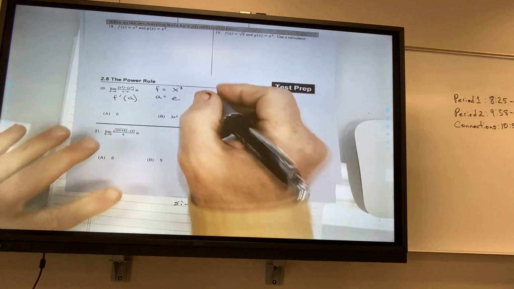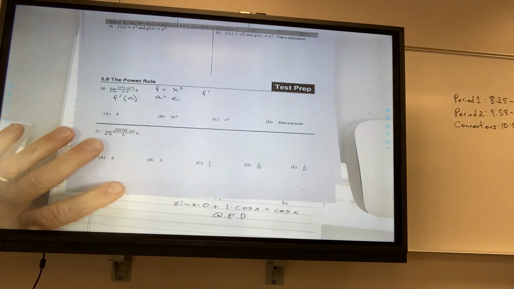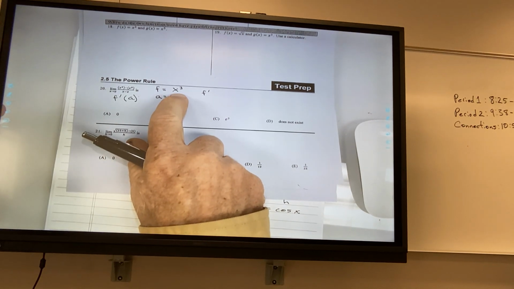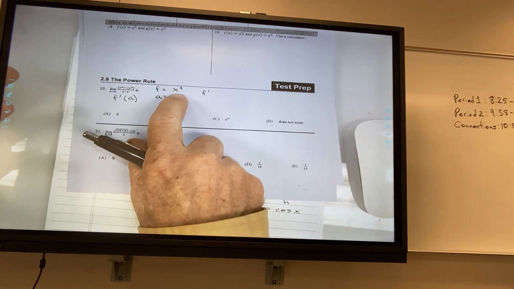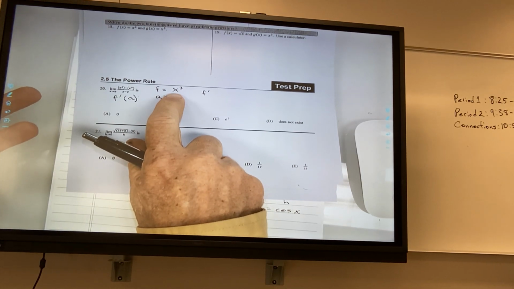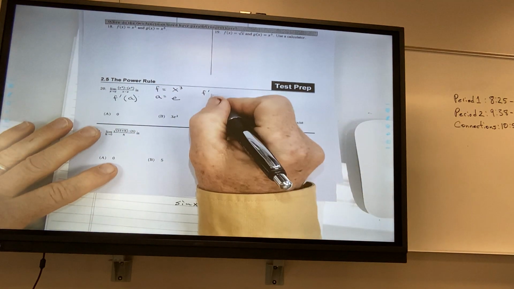Well, do you know the derivative of this? You should be saying, Mr. Kruger, on the quiz, give us 20 problems just like this, because I know how to figure out the derivative of x cubed now, right? Grace, do you? Could you tell me what it is? 3x squared. It's 3x squared.